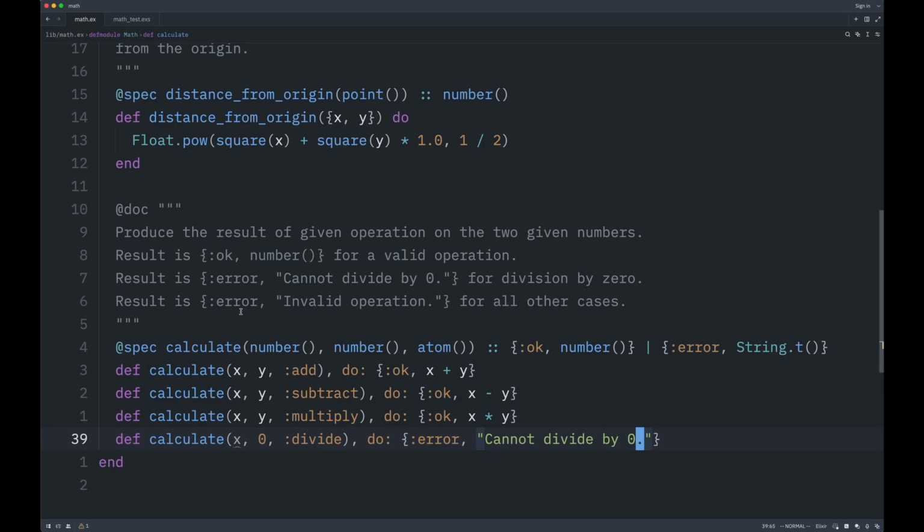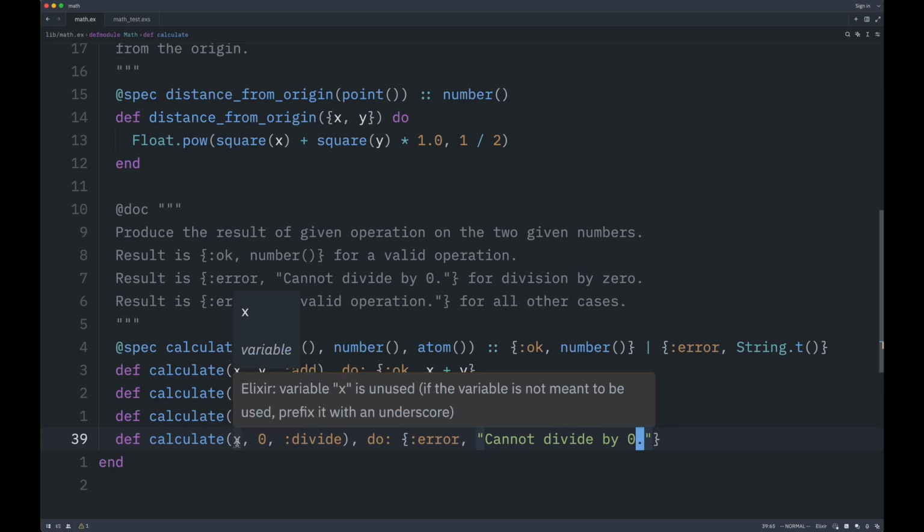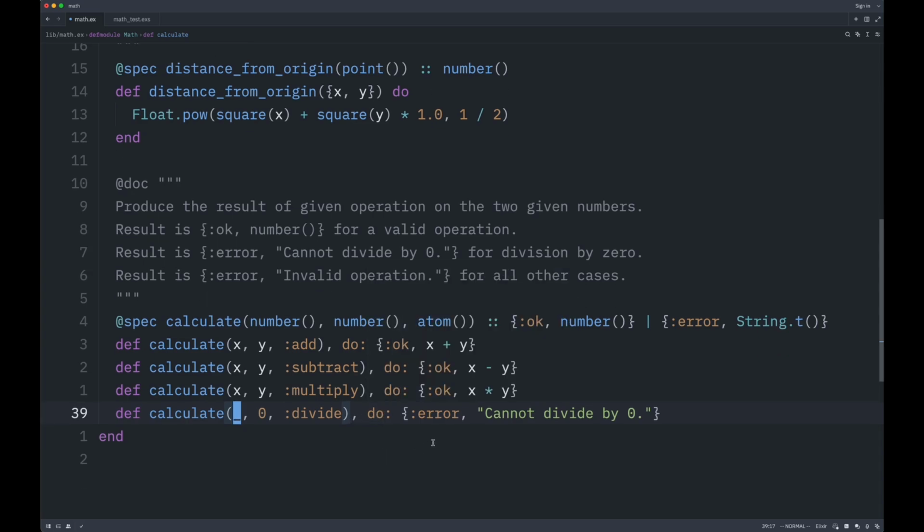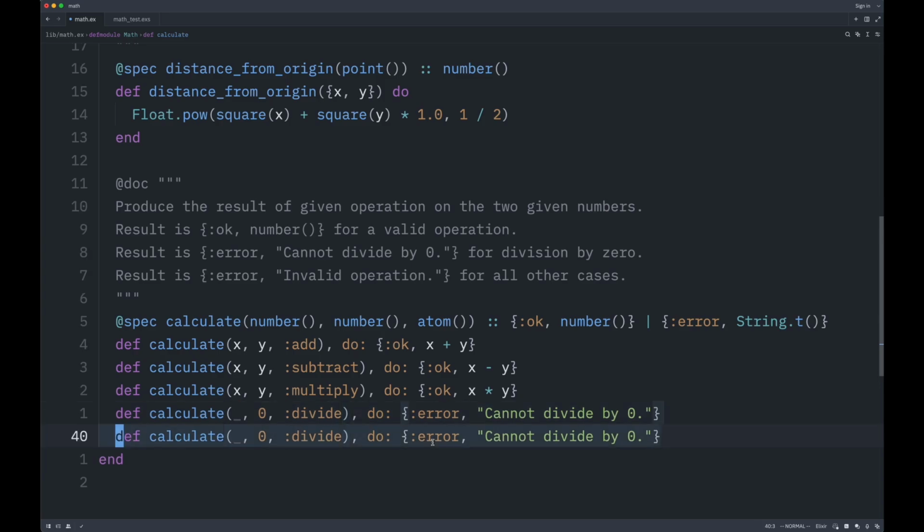And notice that Elixir is saying you are not using this x value, so we can discard this match. So we are doing a pattern matching, but we don't need this value in our function body, and therefore we are discarding this. In other cases of divide, we are actually going to divide. So we are going to say OK, and x divided by y.